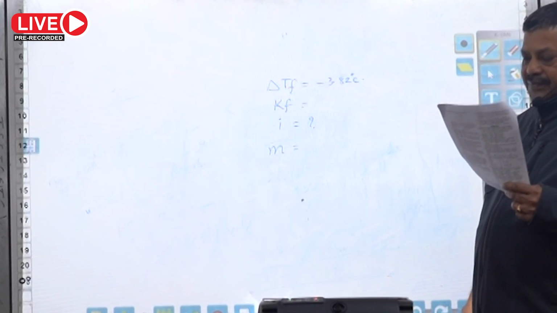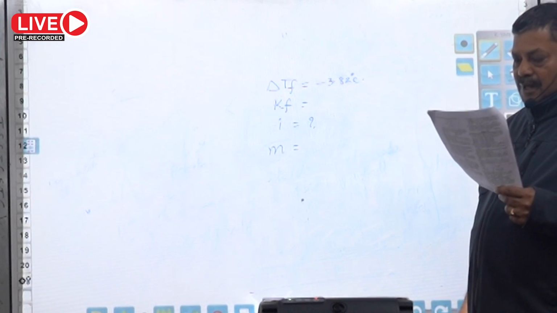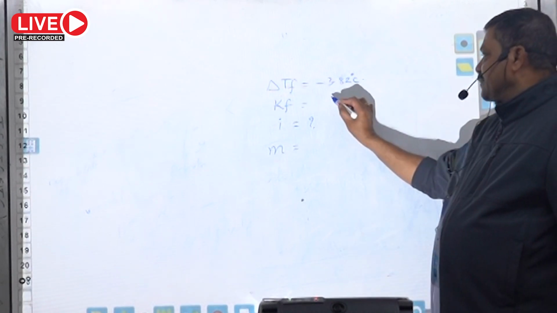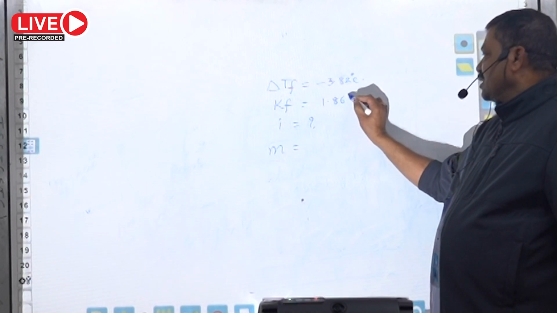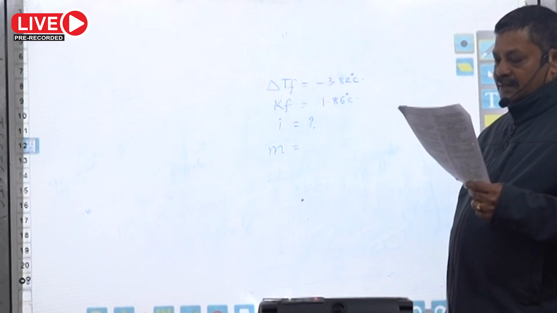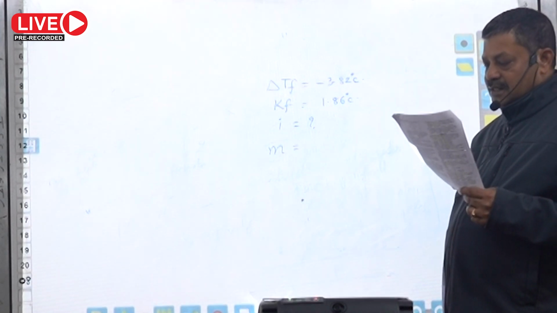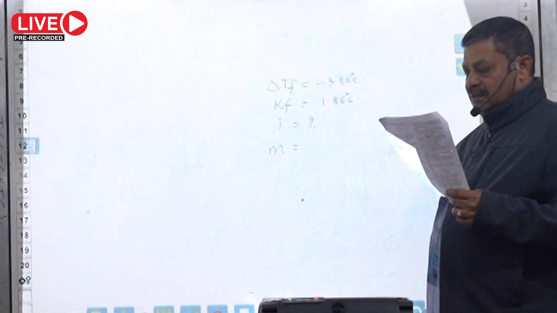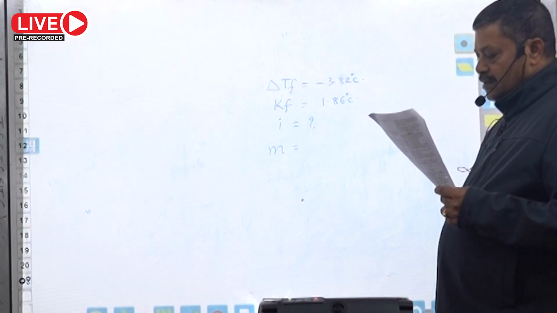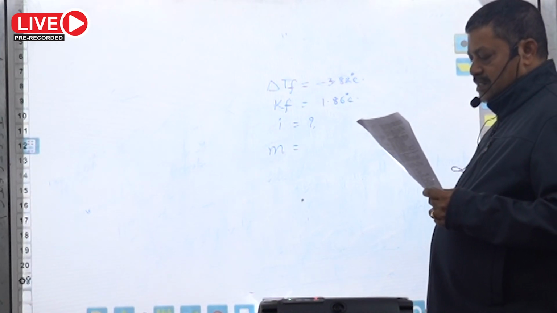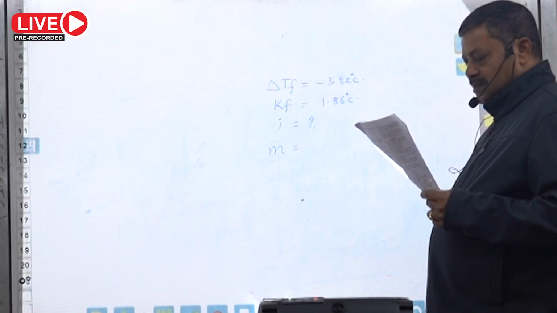What is KF? 1.86 degrees centigrade mole inverse kg.